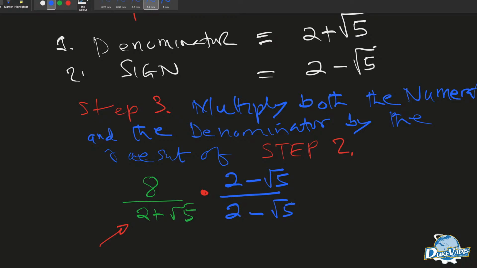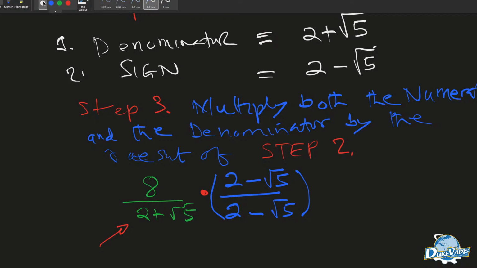When we get something like that, it means this one, if I put a bracket around it, is multiplying this. So we can simplify the expression.